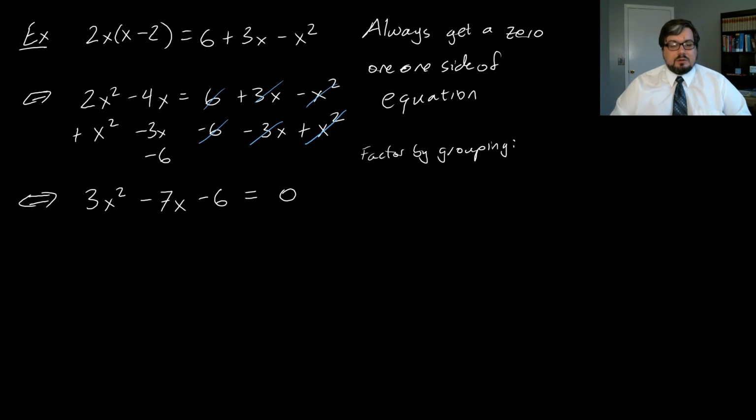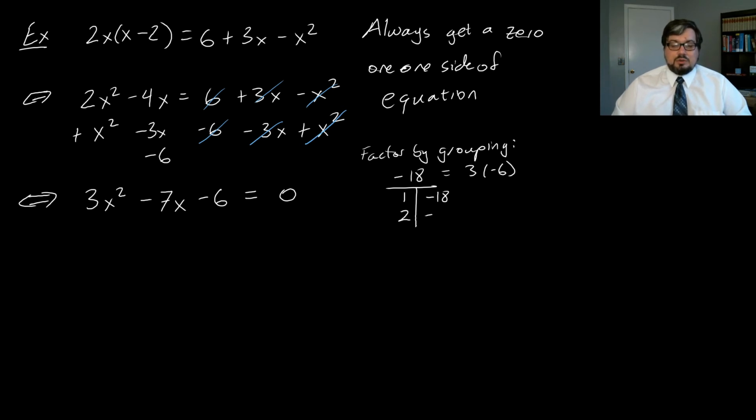And so we need to take the first times the last term and get negative 18, because that's 3 times negative 6. And then we want to find two numbers that multiply to equal negative 18 and add to equal negative 7. Well, I like just going up the factors of negative 18. So 1 times negative 18, and I asked, do those add up to negative 7? They don't.